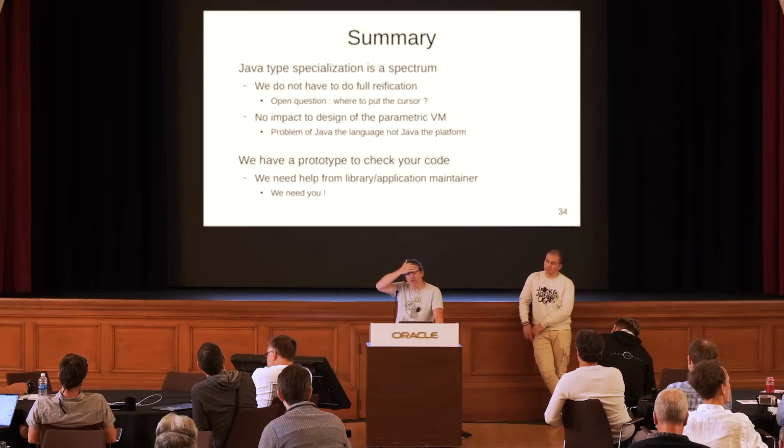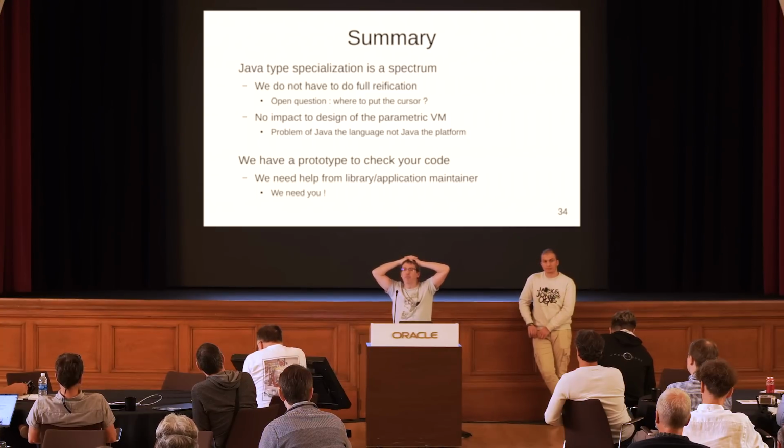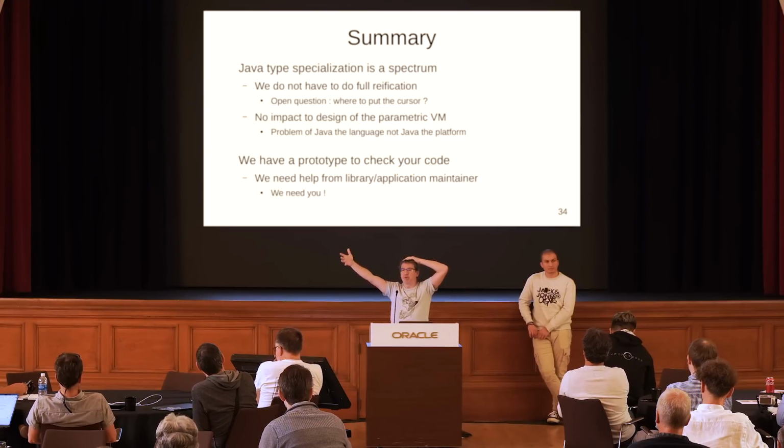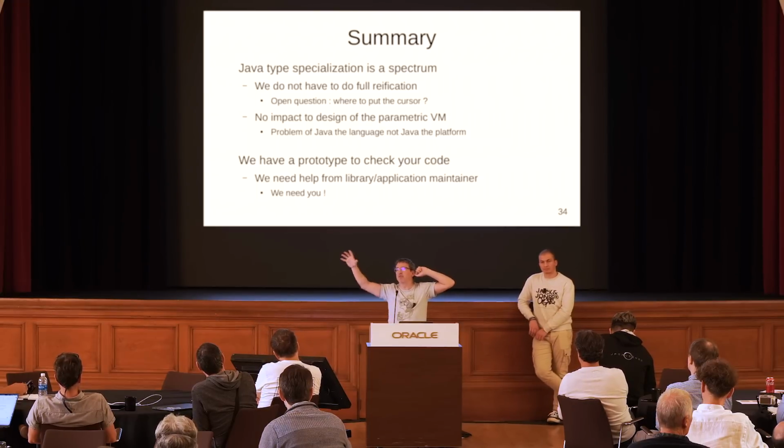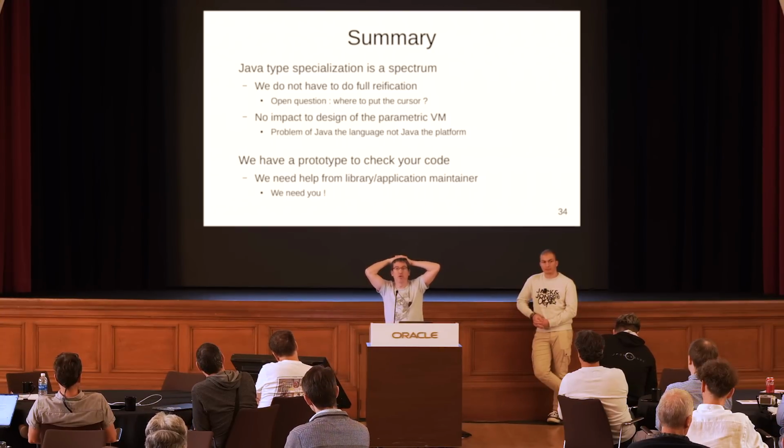If you take a look at the proposal of the parametric VM, the parametric VM doesn't define a semantics for generics. It's up to the language to implement how they want to erase things. So it's work that has to be done language per language.